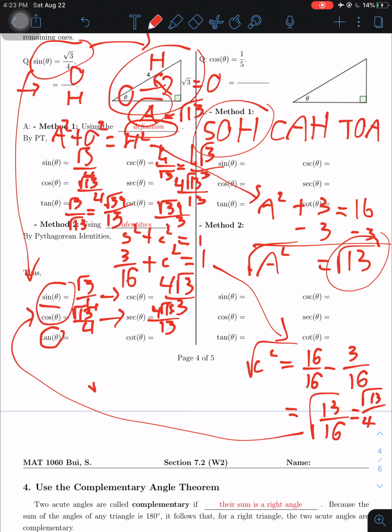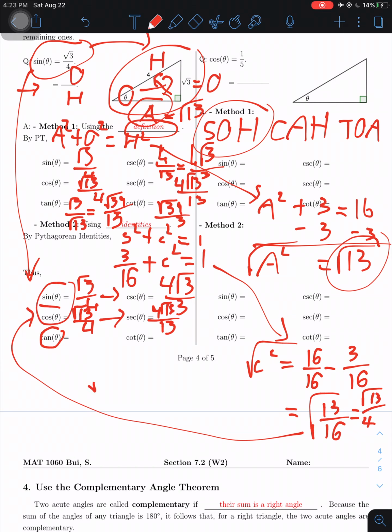We're going to do square root of 3 divided by 4, divided by square root of 13 divided by 4. And we're going to do keep-flip-multiply because we're dividing two fractions. So square root of 3 over 4 is still square root of 3 over 4. The second fraction, we flip. And then, okay, this is my 3, but it doesn't look like a 3.